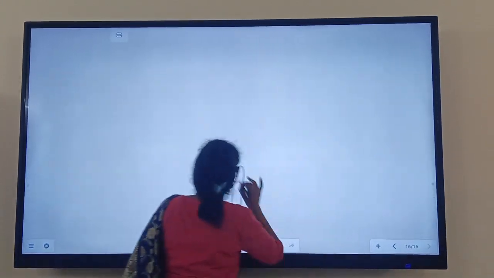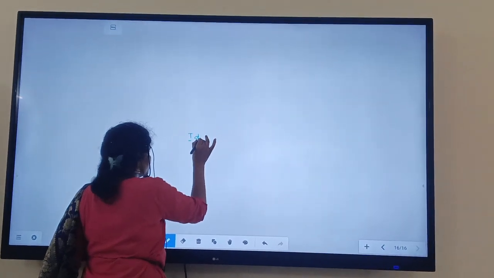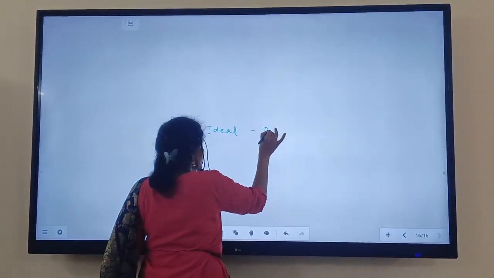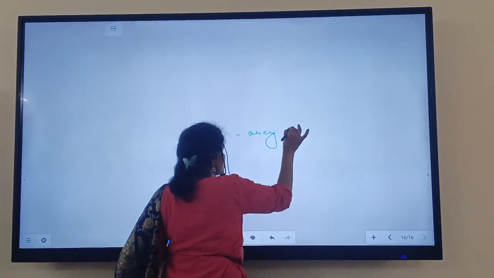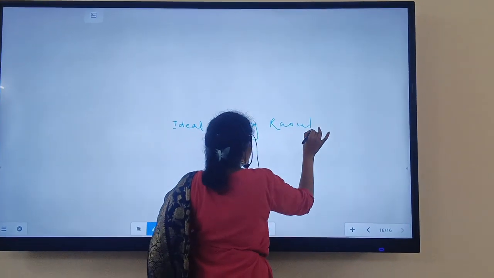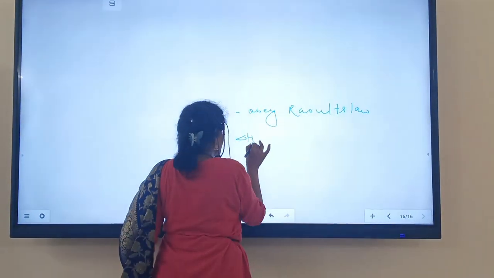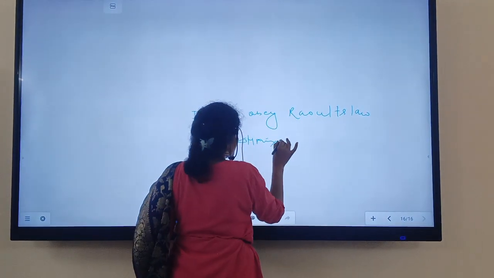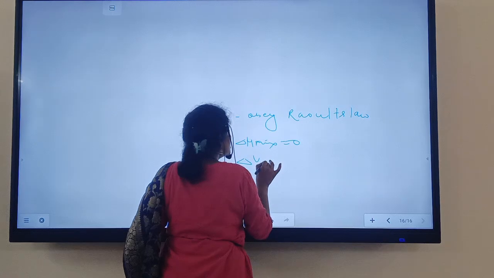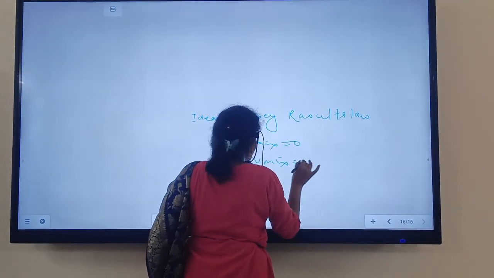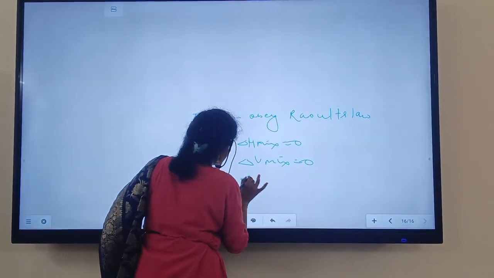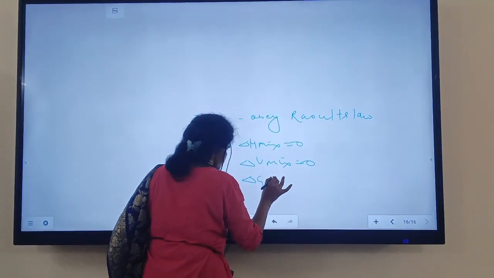Okay, what is the ideal solution? It obeys Raoult's law. Means delta H mixing is 0. Delta V mixing is 0. Okay, delta G is negative.